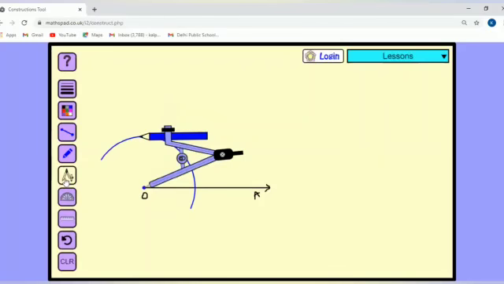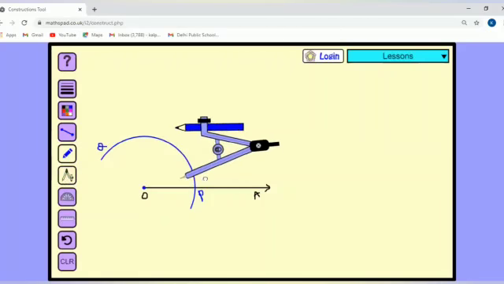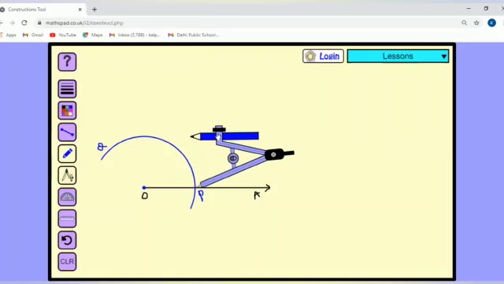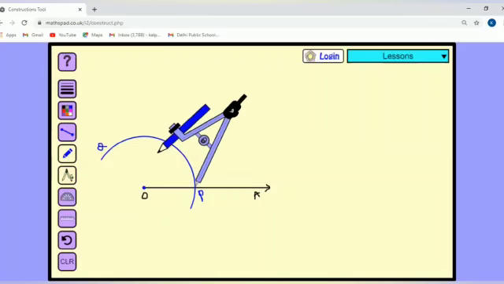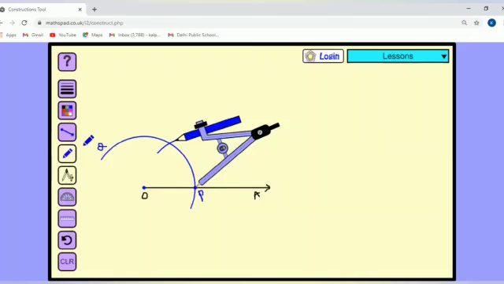This arc cuts OA ray at the point P and name this arc as PQ. Now taking P as center with the same radius, cut the arc PQ and name this point as R.